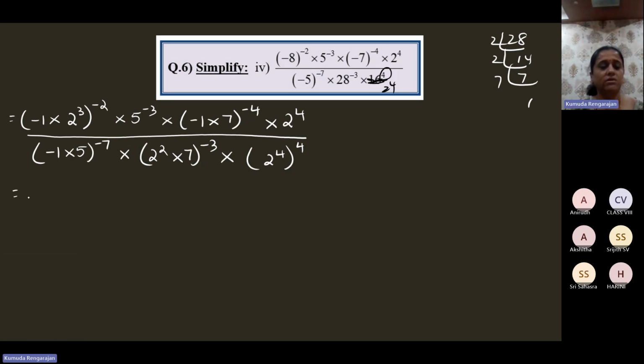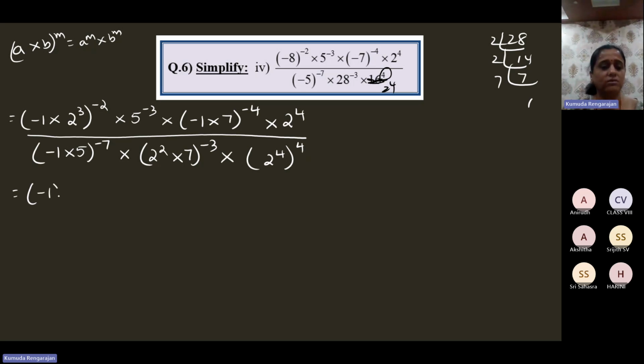Next step, the rule is a into b, the whole power m is equal to a to the power m into b to the power m.